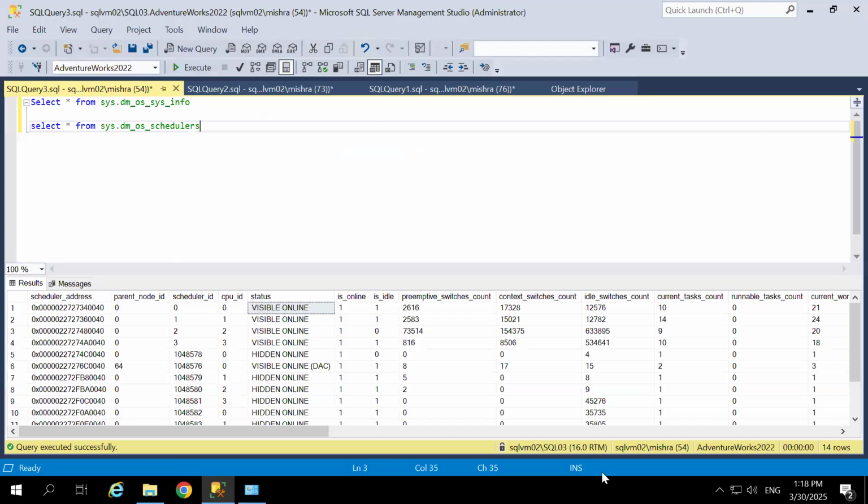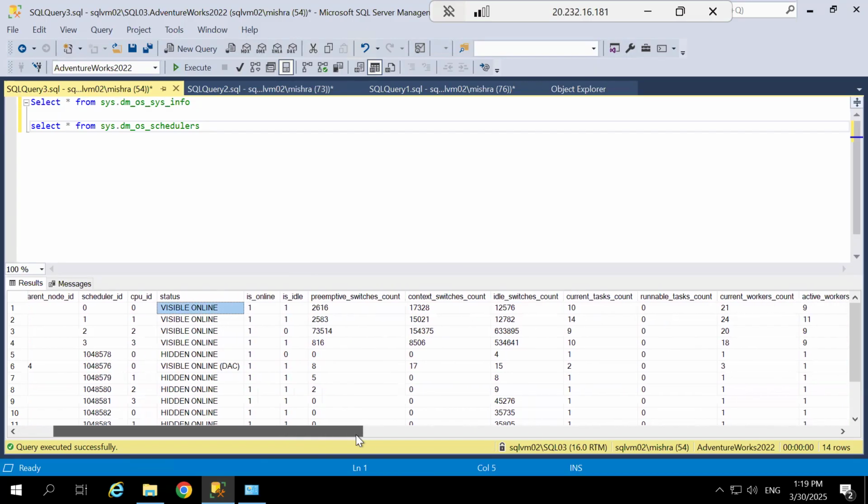So let me try to find it this way. Does the scheduler store any scheduler queue that is showing here? Under this, do we have anything? Preemptive switch count, context switch count.